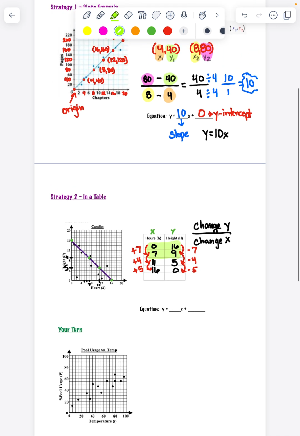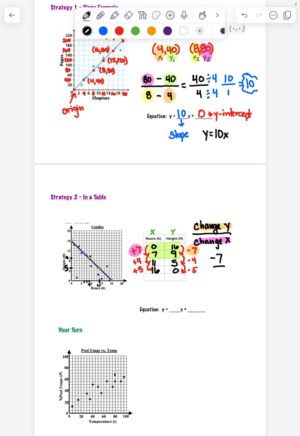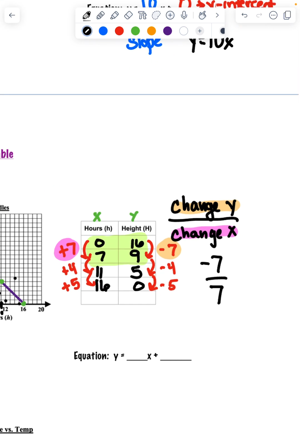When I look at those changes, my change in y is represented by this number there, and my change in x is represented by my change on the x side there. So in this case, my change in y is -7, my change in x is +7, and then I would simplify.